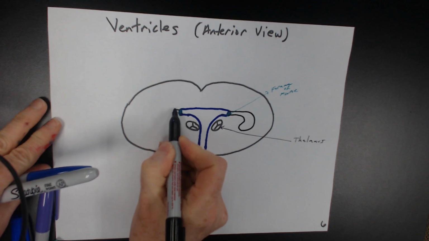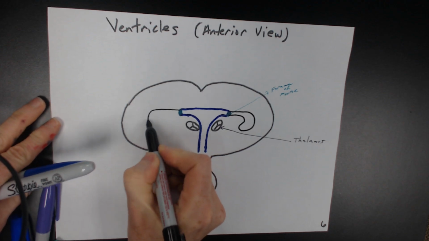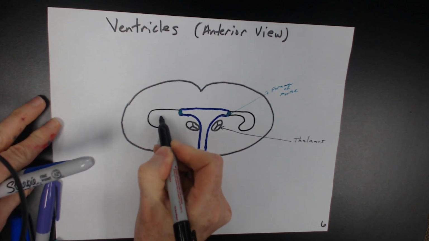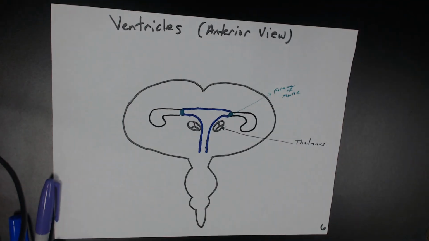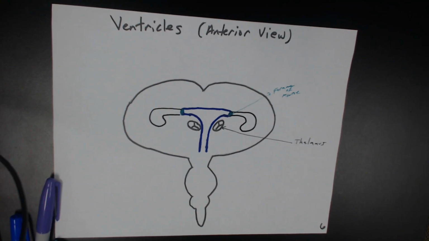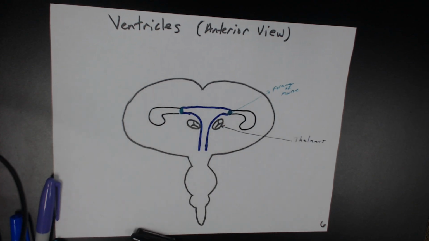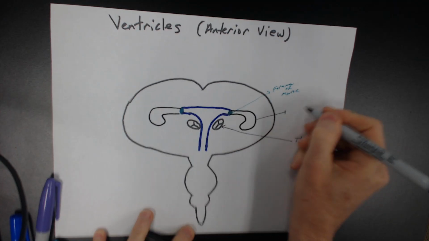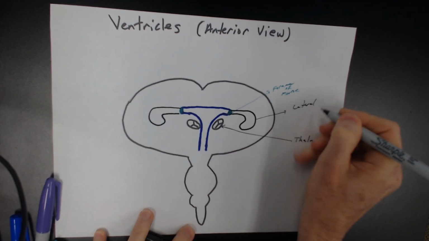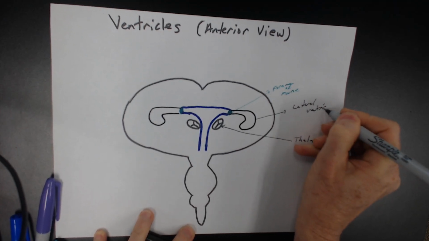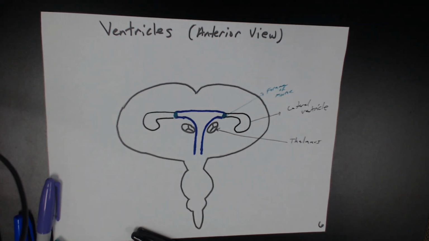And one comes on the right side and one on the left side. So you really can't see any of that detail that we talked about with the lateral view, but you can see that there are two now. You can see that there are two foramen of Monro, and here is your lateral ventricle. Okay. This is your third ventricle.